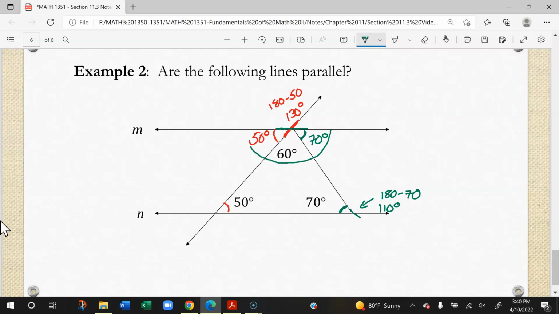These three right here, 70 plus 60 plus 50, that equals 180 degrees. So based on what we're told, these two alternate interior angles are congruent. These two alternate interior angles are congruent. Therefore, these lines must be parallel.